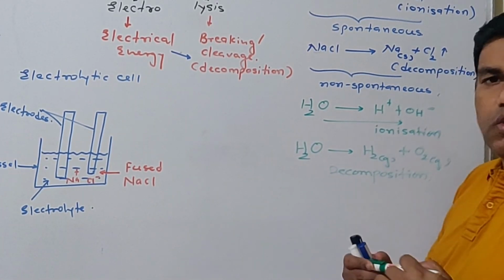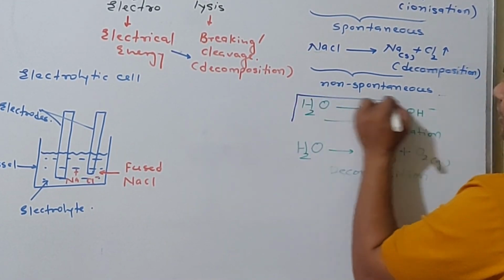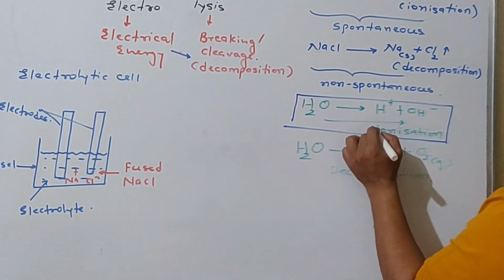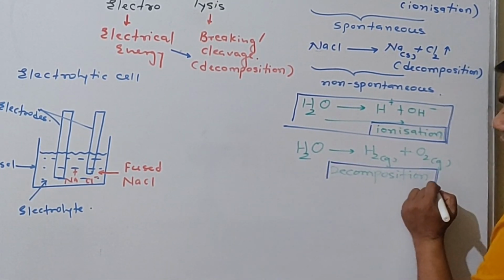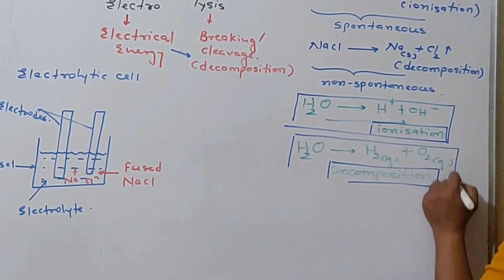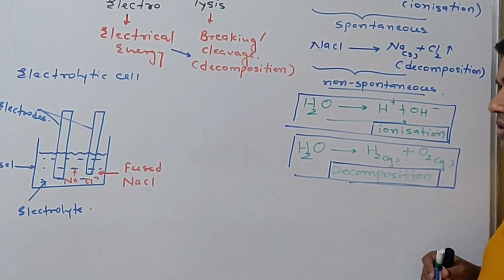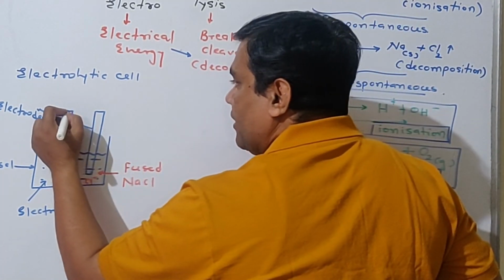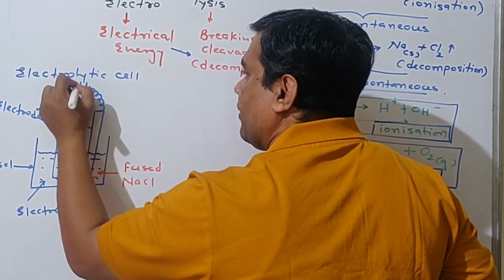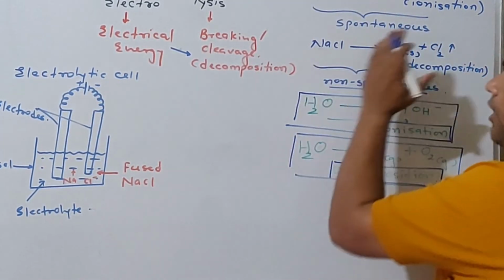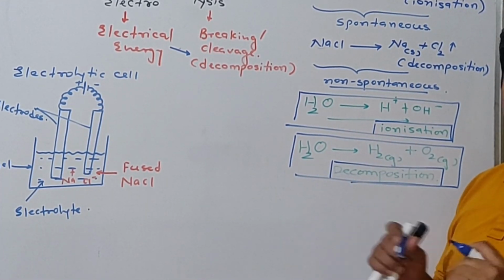This needs to be very clear. We do not require an external agency to carry out ionization. However, we require an external agency if we want to carry out decomposition, because this is a non-spontaneous process. Hence in an electrolytic cell we require an external agency, that is, we pass an electric current through a battery so as to carry out this decomposition, or electrolysis.